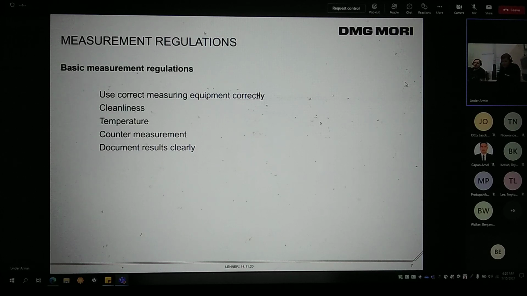I know from my experience, you have to look at the sign. So is my result negative or positive? Then please note it or document it with, for example, plus 15 microns.